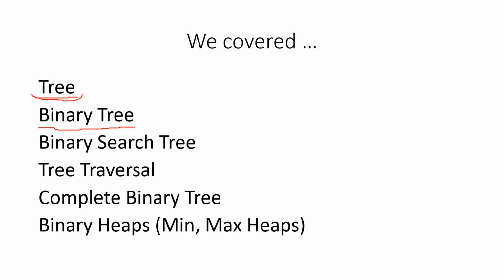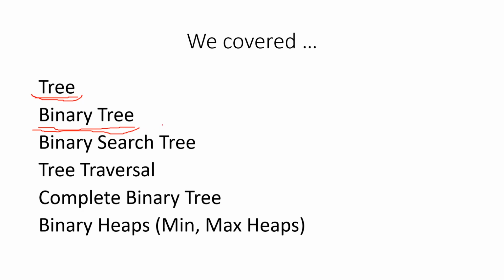In order to visit the tree, you can have different kinds of traversals. And when we have a binary tree, we have three types of traversals. First one is in order, second is pre-order, and third one is post order. In order is a traversal where you first visit everything that is on the left, then you visit the current node, then you visit everything that is on the right side.